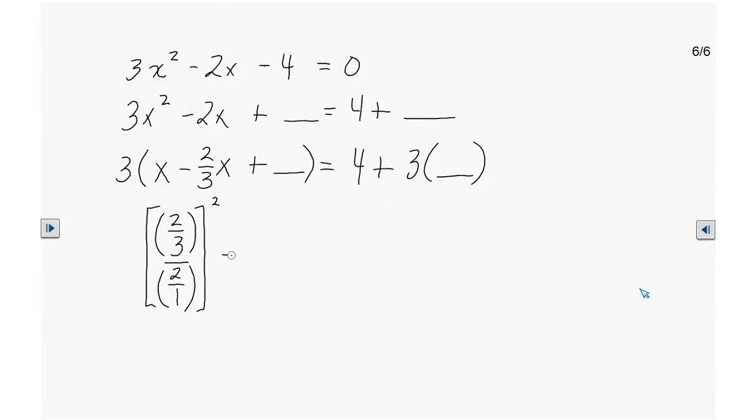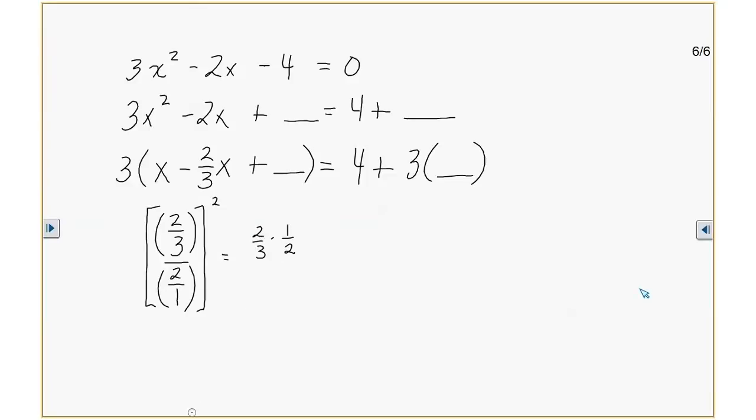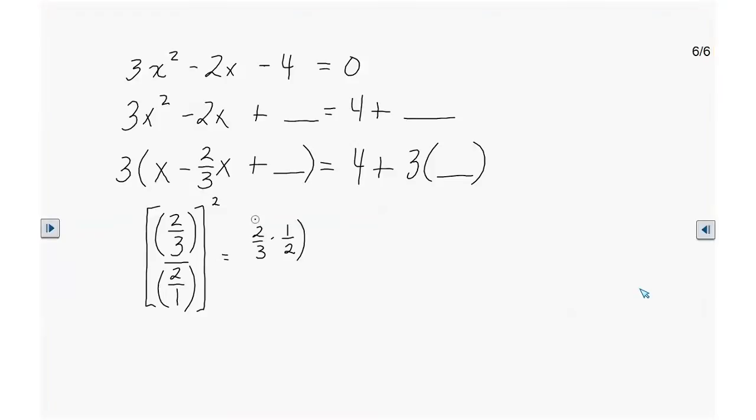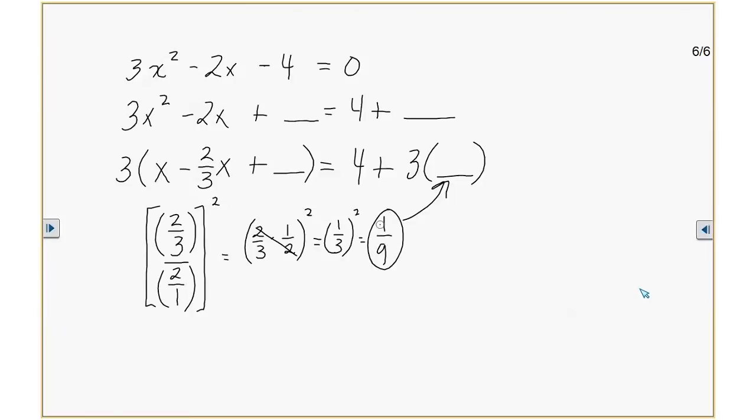2/3 multiplied by what? 1/2 Hubert squared is equal to 1/3 squared, which is equal to what? Let me ask you a question right quick.